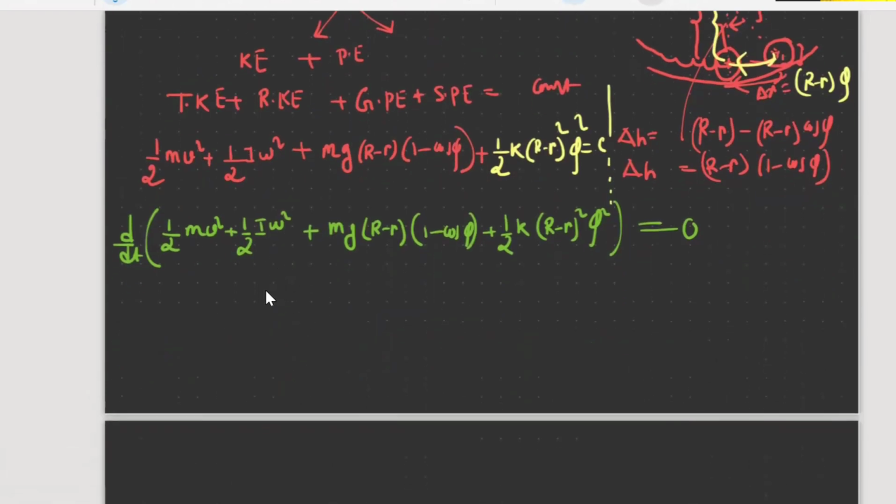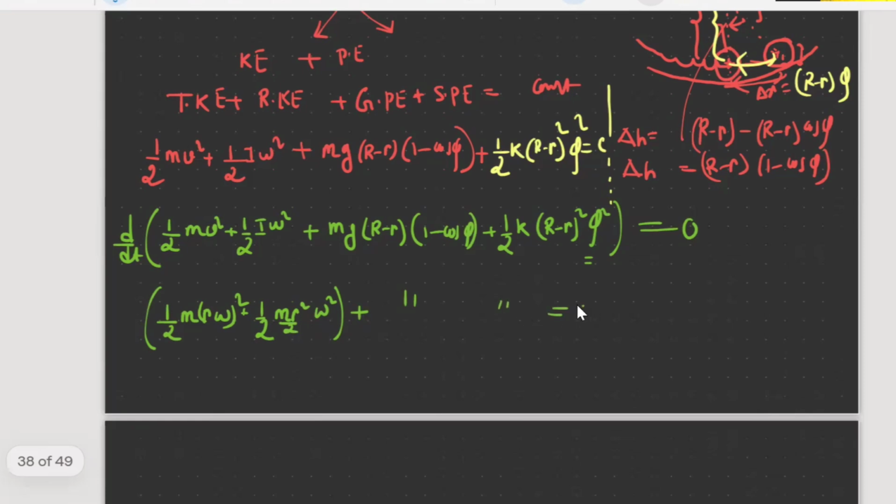Now I can write half of m r square, and v we can write as r omega, because we have established the relation between omega and phi. I'm just expressing everything in terms of omega so that we can substitute the value of omega in terms of phi dot later. So half of m (r square by 2) omega square, plus the same thing will be there, d/dt of that.